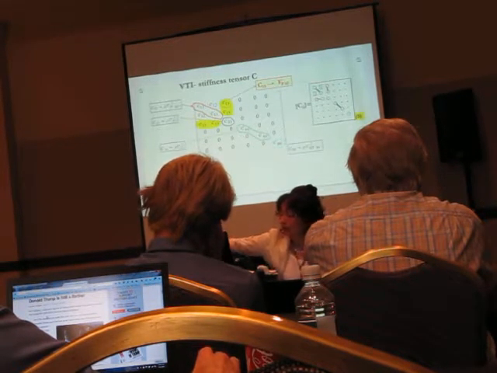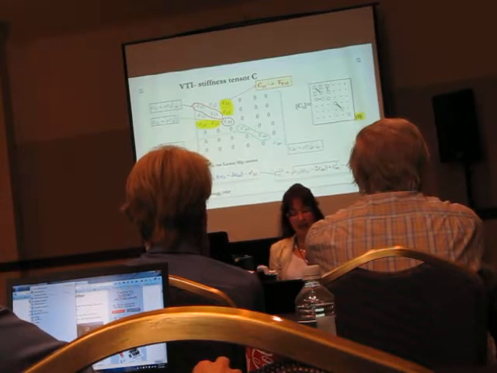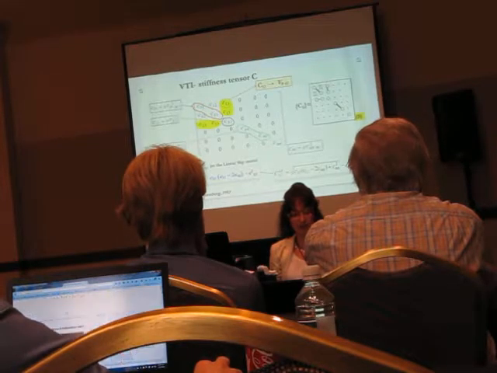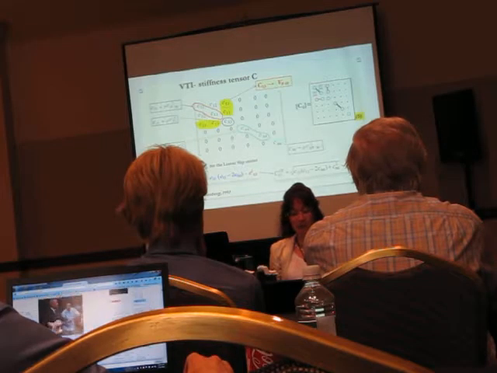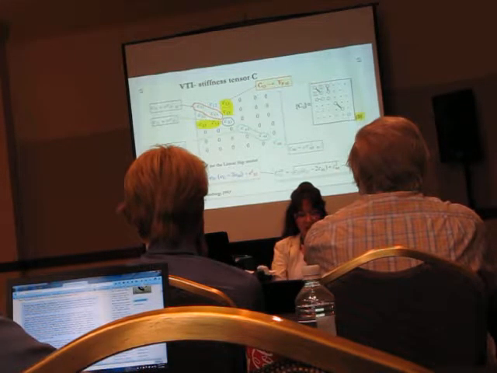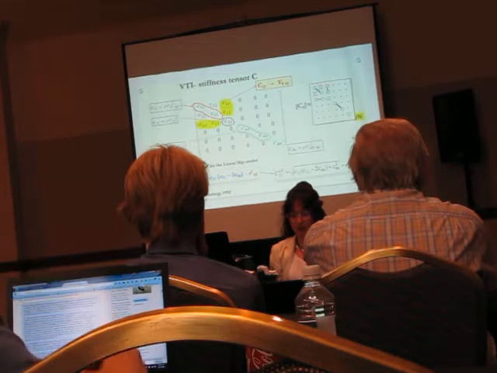In contrast to the overall VTI model, the linear slip model has only 4 independent components, and the component C13 is linked to others by this equation. It is the restriction on C13 established by Schoenberg.